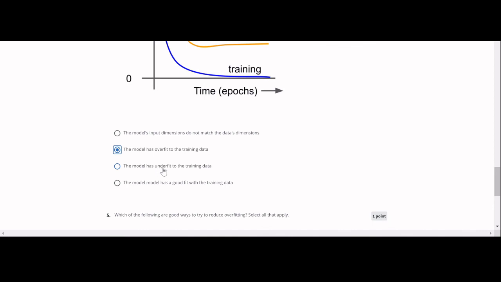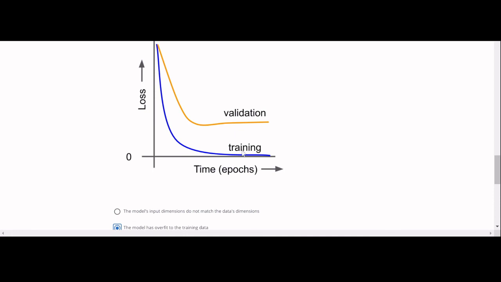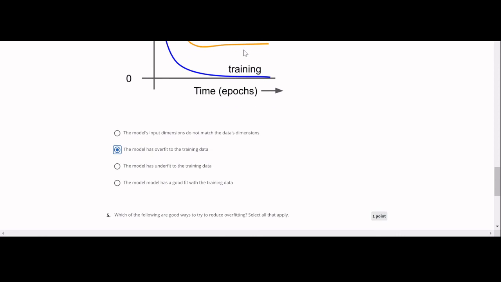If the model were underfitting, the loss should not go to zero. If it is a good fit, the distance between validation and training should be small. So we go for the model has overfit the training data.